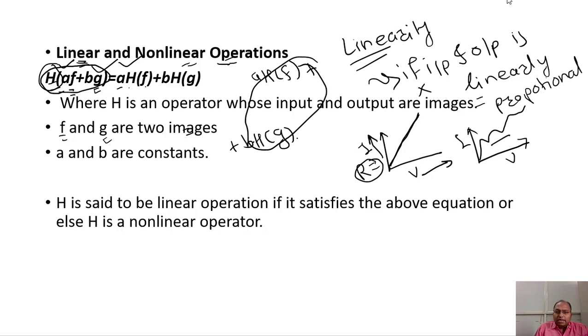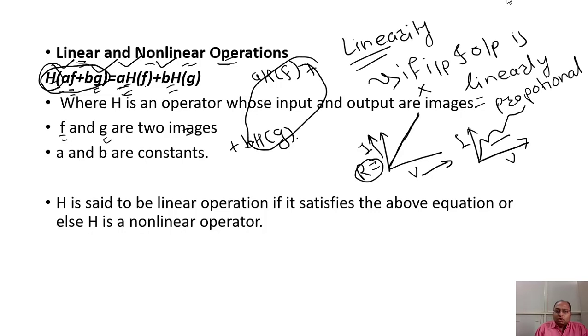I hope you have studied the linearity concept in your signals and systems as well, right? So this is one and the same as in signals and systems. The linearity concept is this: if you perform a particular operation on two images together, and the results follow, let us say, the superposition theorem, it is nothing but an application of the superposition theorem, right?